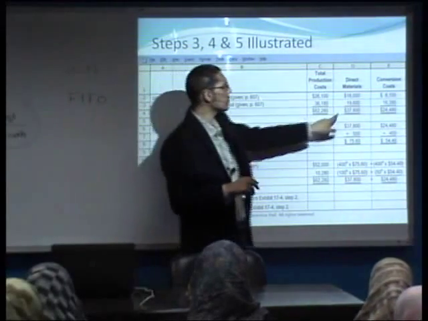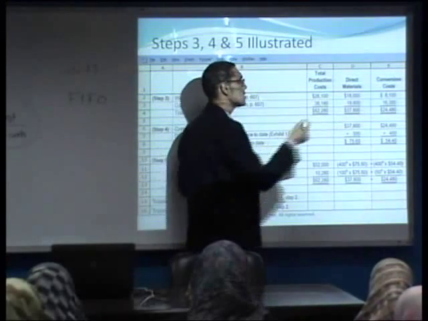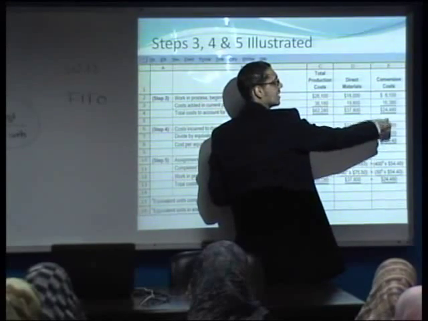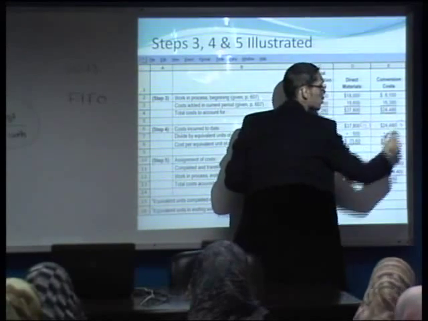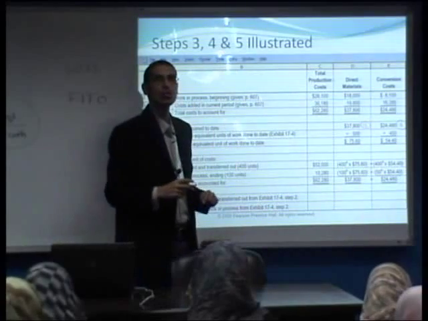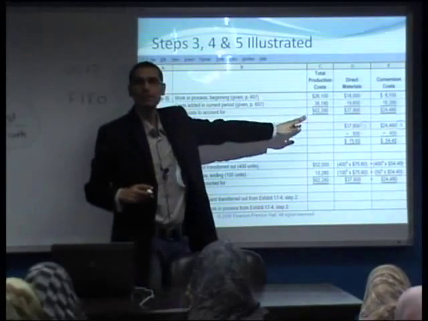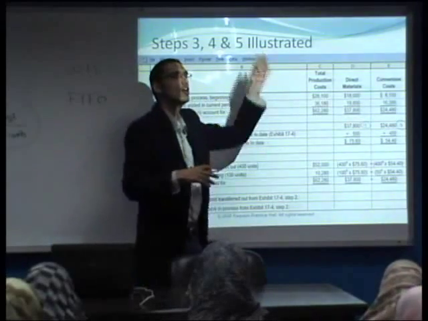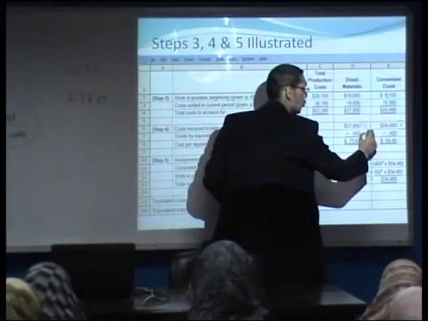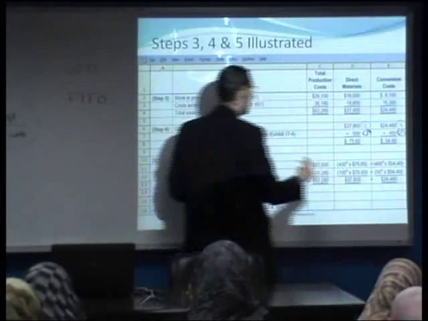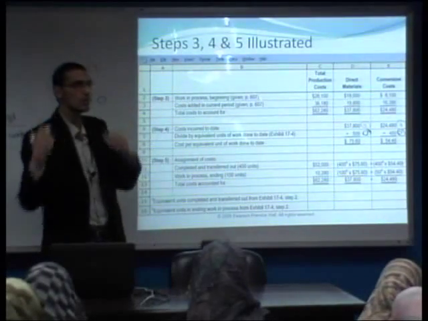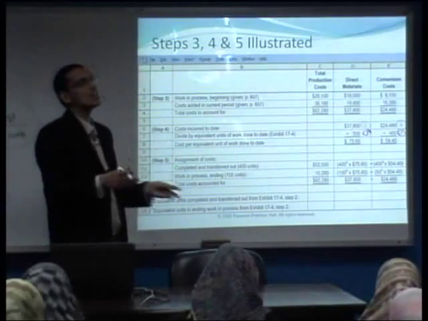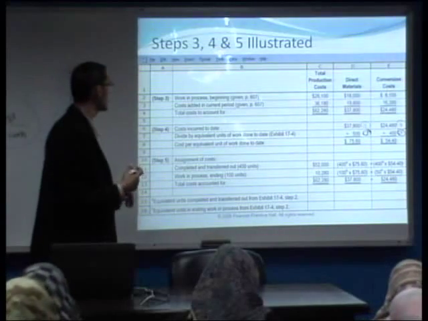Therefore, the 37,800 was taken from step number 3, and 24,480 was also taken from step number 3, divided by the total number of equivalent units, 500 and 450. The 500 and 450 were taken from step number 2. Therefore, in step number 4, we are using the data that have been calculated from previous steps.